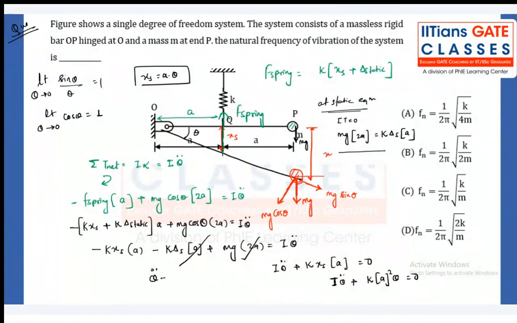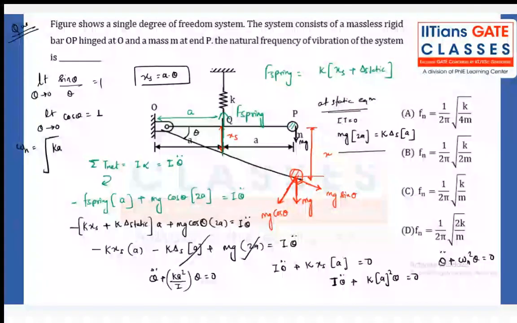You can further write theta double dot plus k a square divided by I into theta equal to 0. If you compare this equation with the standard equation of motion for an angular vibrating system, theta double dot plus omega n square into theta equal to 0, just replace x with theta. So the natural frequency squared is k a square divided by I. But how to get I, the mass moment of inertia of the point mass about the rotation point?